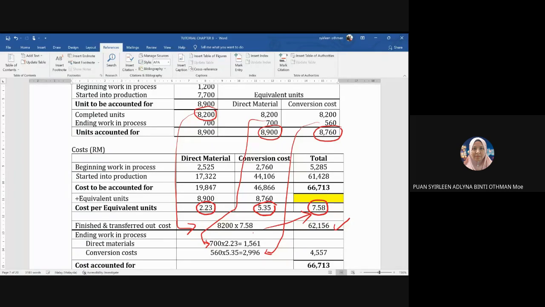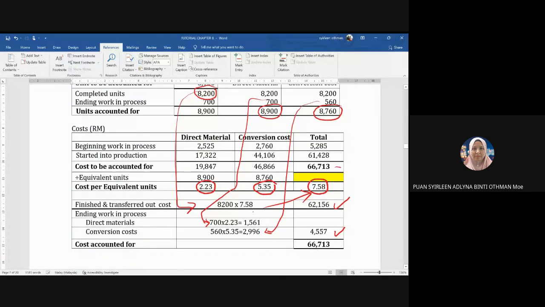Kita dapat, betul ke madam kira ni? Kadang-kadang terbalik. Betul. 2,996. Okay. So total overall for ending WIP is 4,557. Okay. 4,557 plus 62,156 kita akan dapat 66,713.